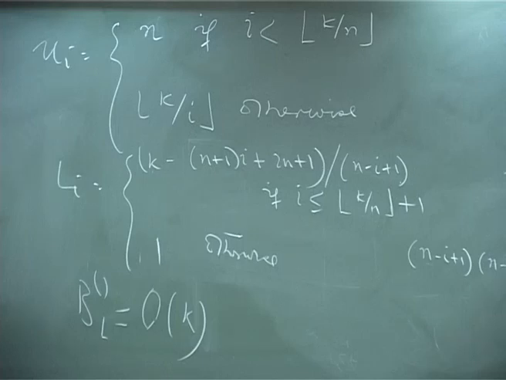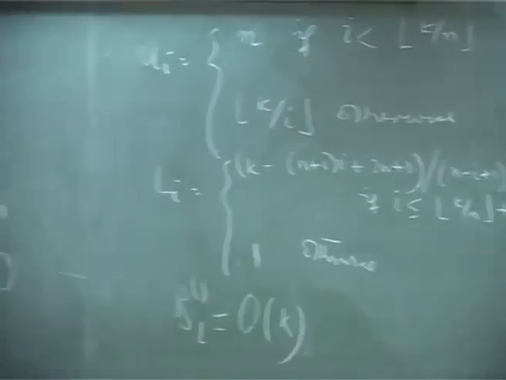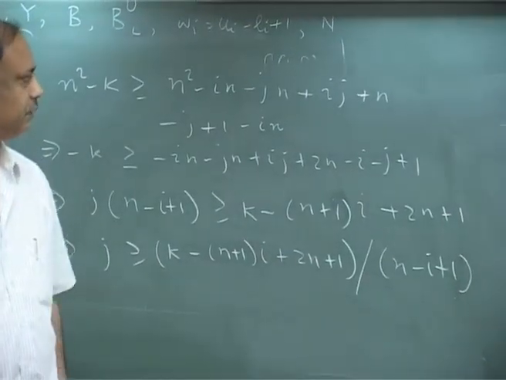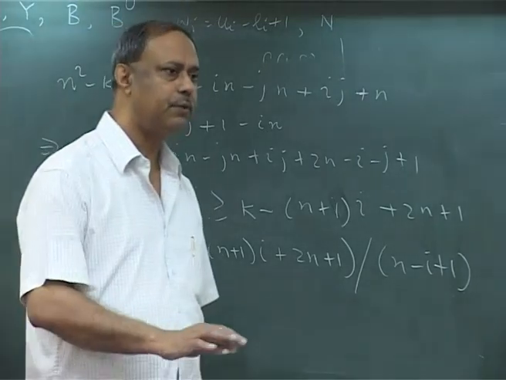So if k is very small, BUL size is very small, you just sort it and get it. If k is order n square, then you iterate it, and we have seen that after log k iterations, the size will be order n, and you get it. Right? Now, think about the whole process.